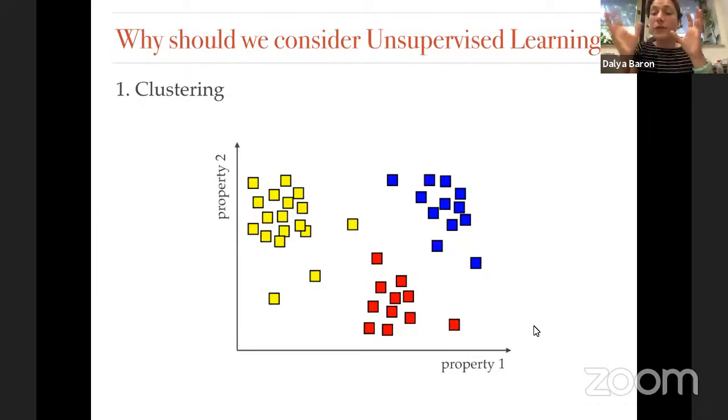If I have 3 different classes of planets, perhaps it might suggest that these different classes have different planet formation mechanisms. So it can teach me something about the physics of the systems that I'm working with. And obviously here I'm showing you a 2-dimensional dataset, and when we have a 2-dimensional dataset, it is very easy to visualize the dataset and to find clusters. But what should we do when we have a dataset with hundreds of features?